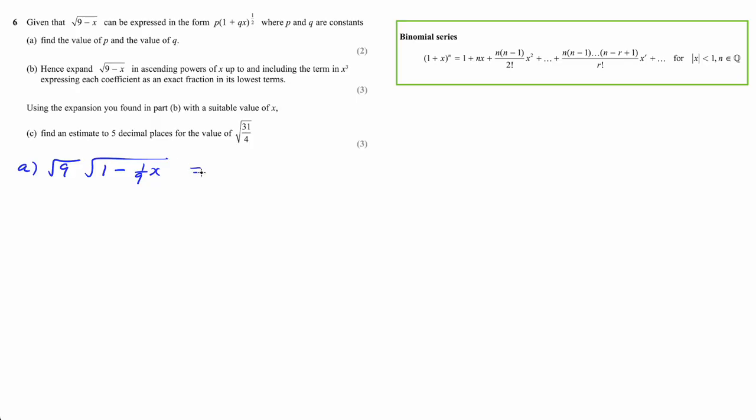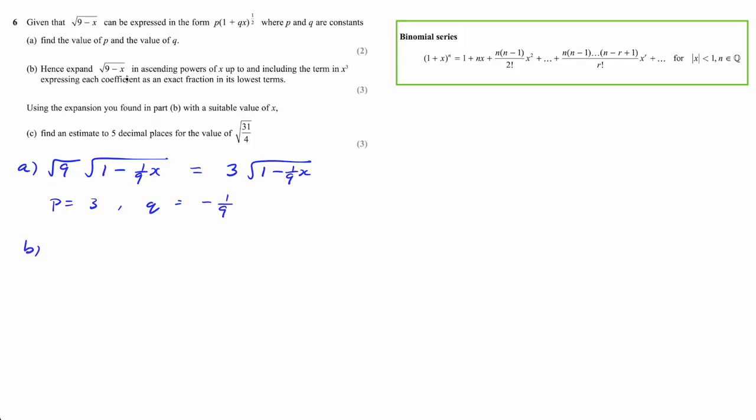So this is equal to 3 times the square root of 1 minus 1/9 x, like this. Okay, so what's p and what's q? Well, p is equal to 3, this one, and q is equal to -1/9. Okay, easy.